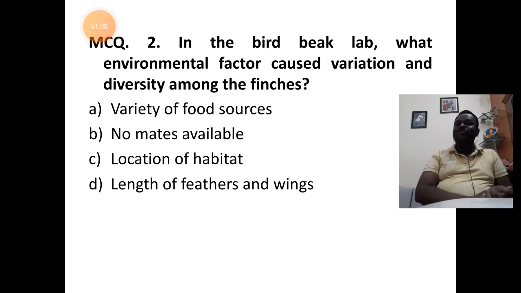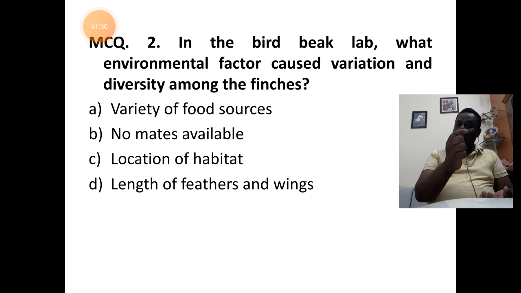A, variety of food sources, yes. No mates were available, no. Location of habitat is also no. Length of feathers and wings. It is the variety of food sources that have brought them to have the beak modification because it's a bird beak lab.